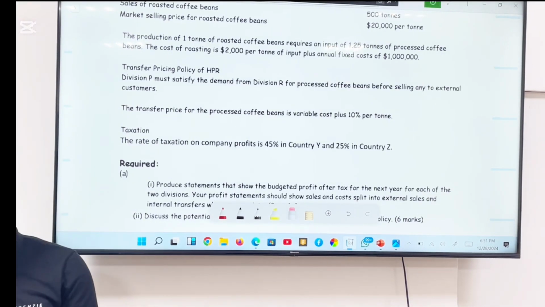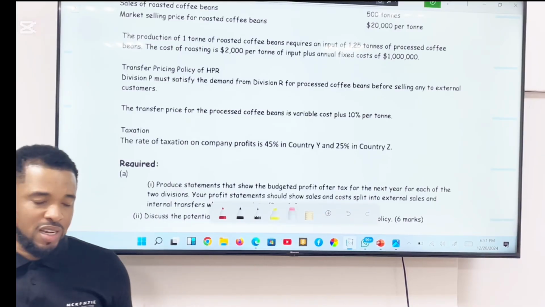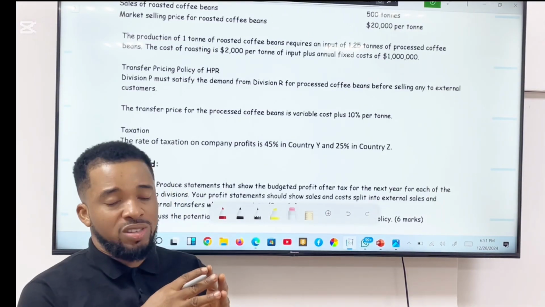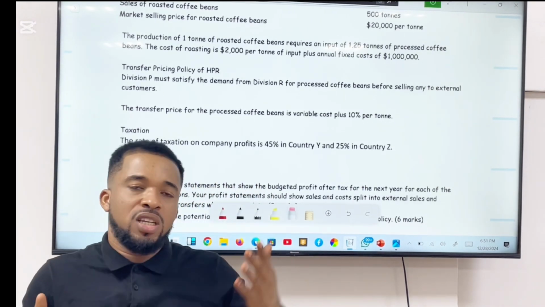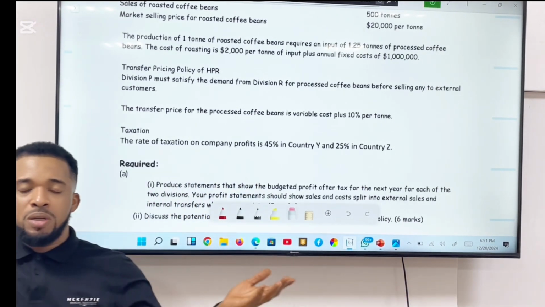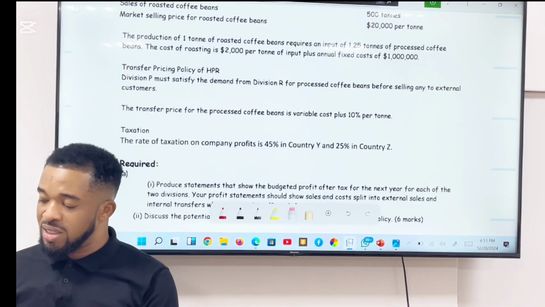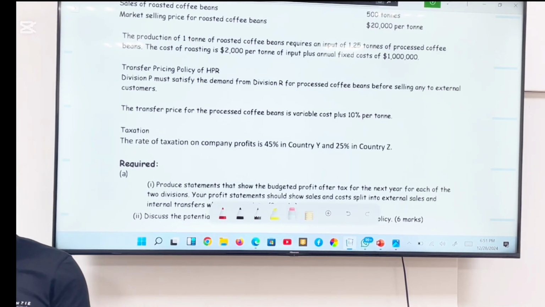And for this question, the transfer pricing policy, we are told that it's variable cost plus 10%, which means that whatever variable cost the selling division has, just add 10% to it, which is variable cost multiplied by 1.1 in this case, and that gives us the transfer price.